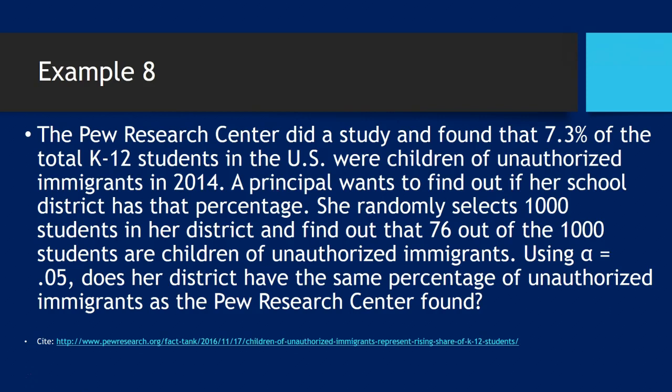All right. She randomly selects 1,000 students in her school district and finds that 76 are students of unauthorized immigrants. Using alpha equals 0.05, does her district have the same percentage of unauthorized immigrants as the Pew Research Center found?